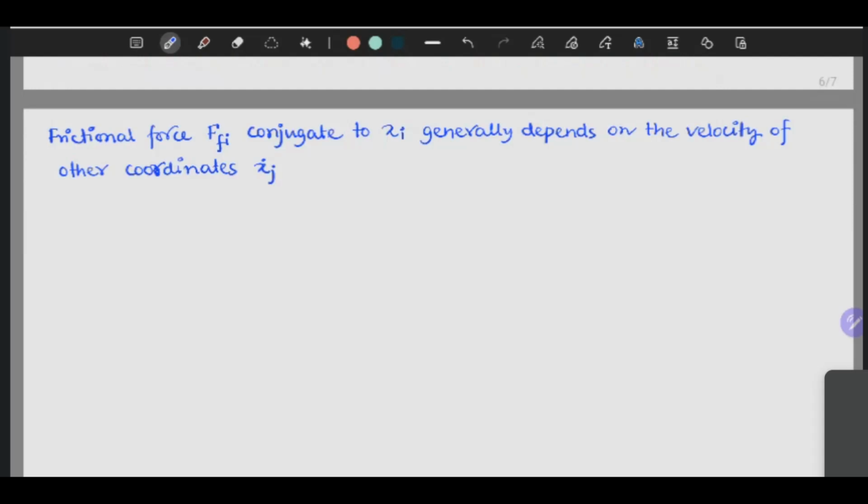So if it is moving like this, then the velocity normal to that direction would be more important, which can be seen here.